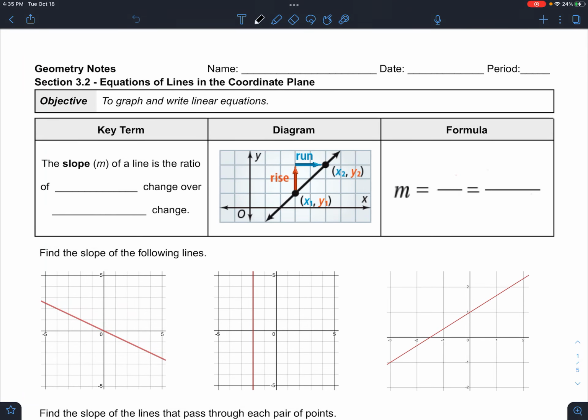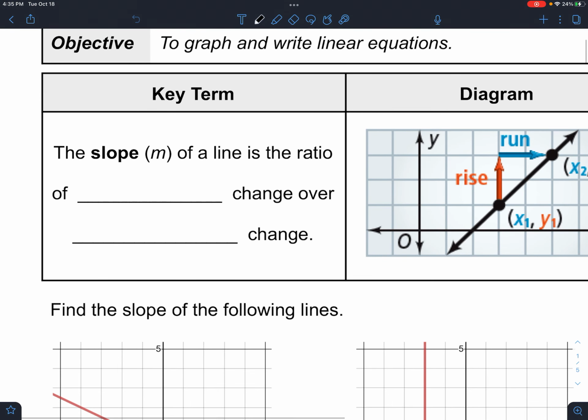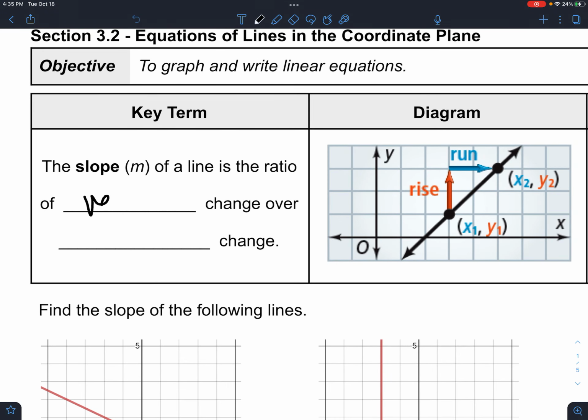All right, let's begin by talking about slope, and then we're going to talk about the forms of the equations of lines. With slope, rather. So the slope is the vertical change over the horizontal change.